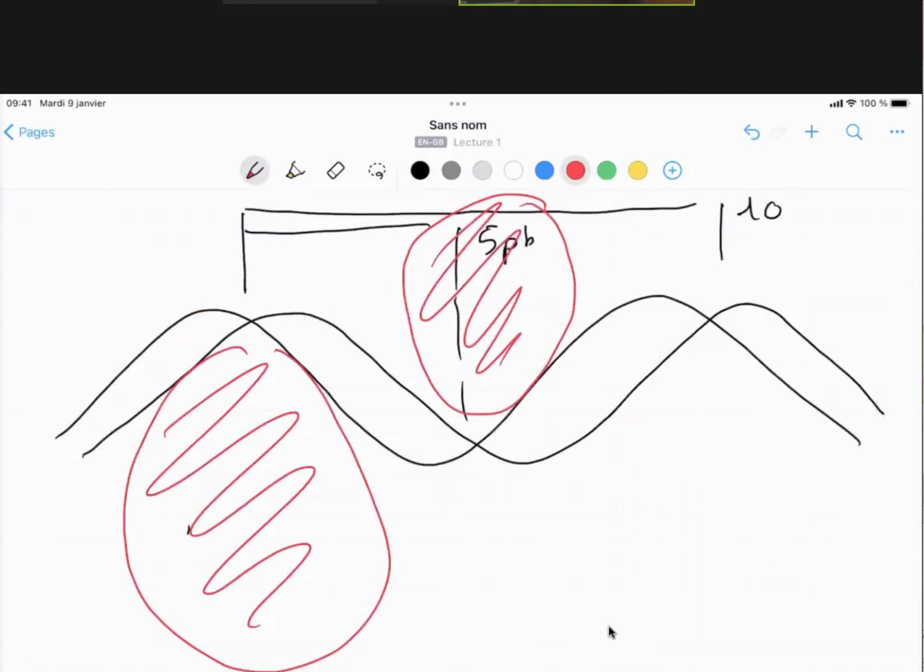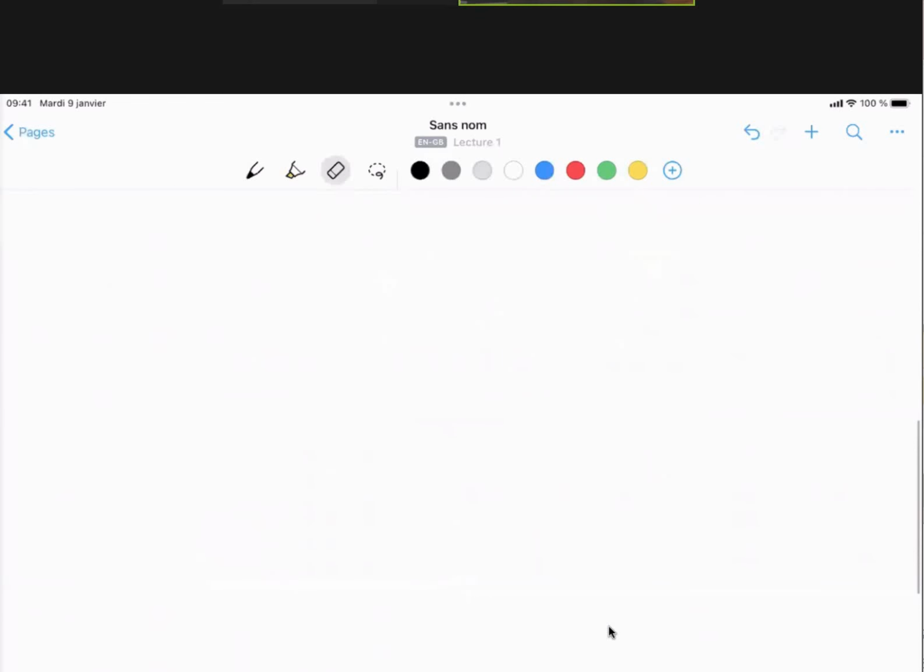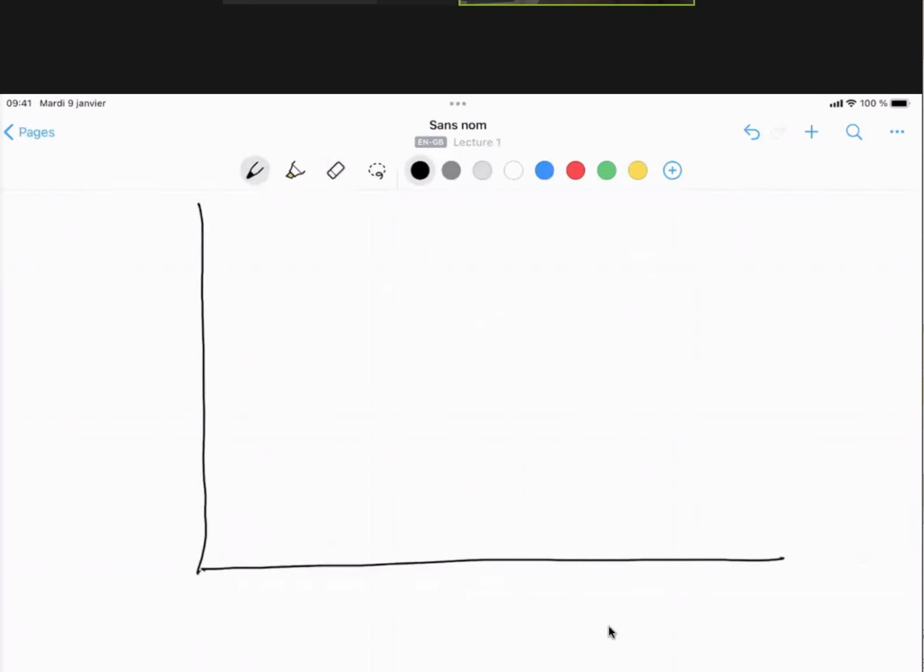And the consequence is that because they are not on the same side, they cannot interact with each other. You understand? So the consequence of all that is this. I will redraw the graph and I will write 0, 5, 10, 15, 20.